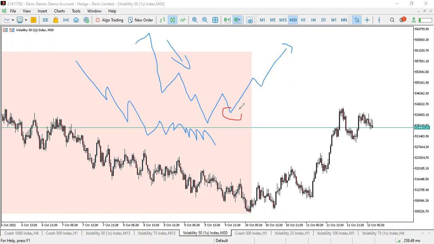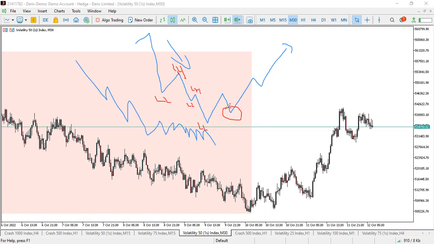And then the thing that I want to show you is this. You see this level, the swing point, it's our lower low, you know guys, and then a lower high, and then lower low, and then lower high, something like this.